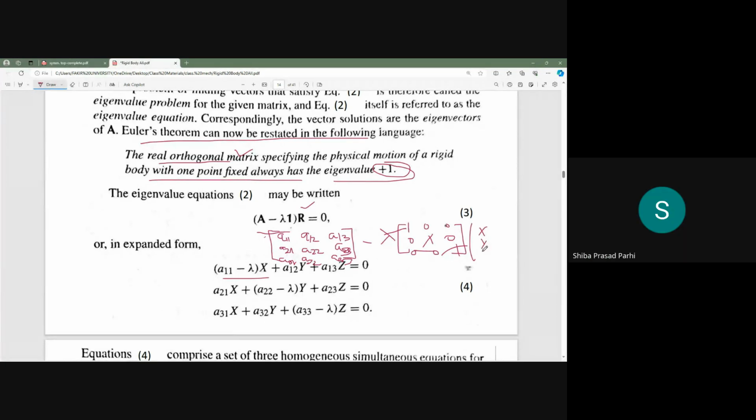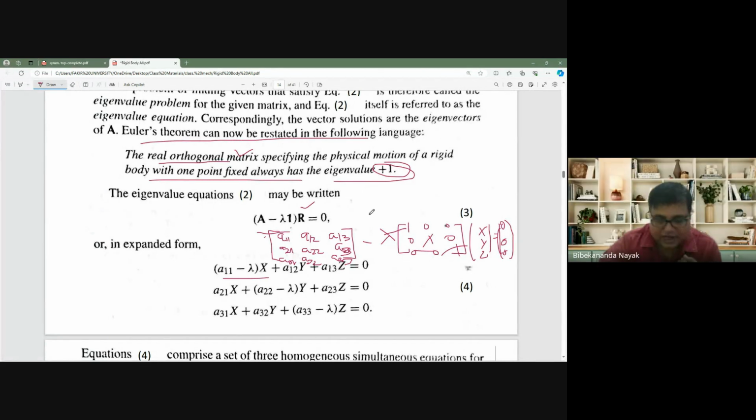Eigenvalue is not all about the matrix. Eigenvalue concerns an operation: when we operate on some function, what value does it give? If the result is the product of that function and some value, that value is your eigenvalue.